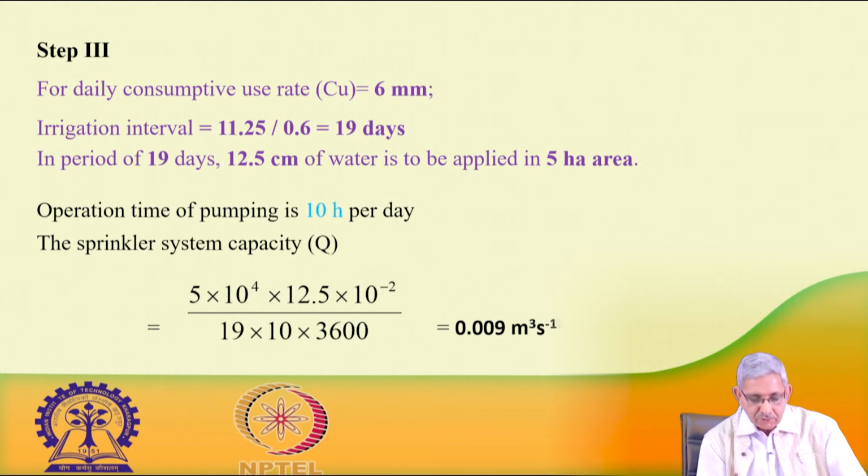So, 19 into 10, and then we are converting to seconds, so we are multiplying with 3600. Once we calculate this value, we get 0.009 cubic meter per second. So, our pump should be delivering this much water in the 19 day period.